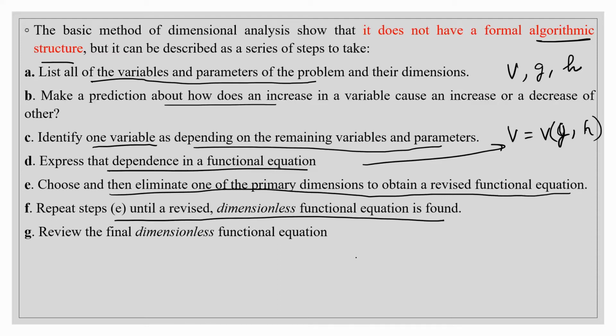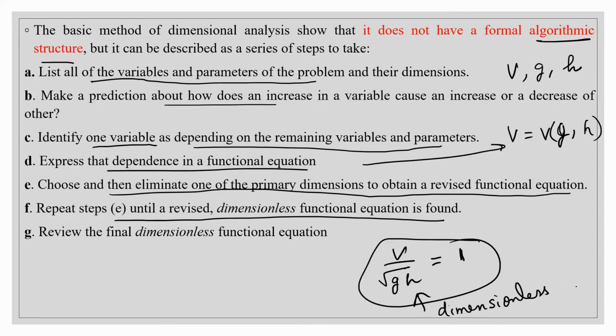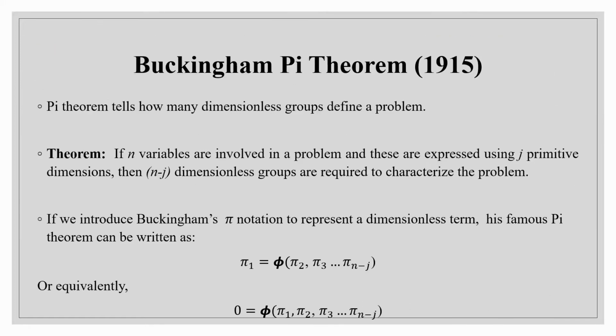Here, the square root of g by h is a dimensionless function. This is how we can derive the relationship between the variables without knowing any underlying physical properties or any other principle of mechanics. Now we will see a structured procedure for finding the dimensionless groups.